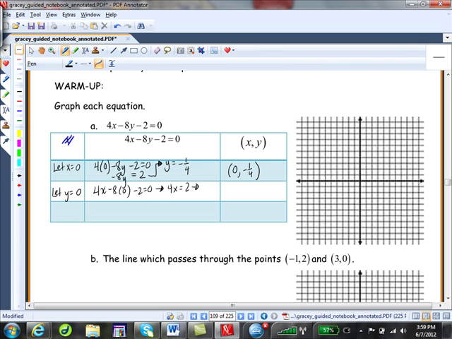Then we will get x is equal to 2/4, which reduces to 1/2. We'll get 1/2 comma 0. And then our checkpoint, should we let x equal whatever you want? Why don't we let x equal 3?